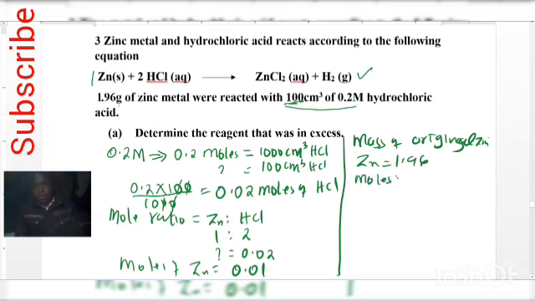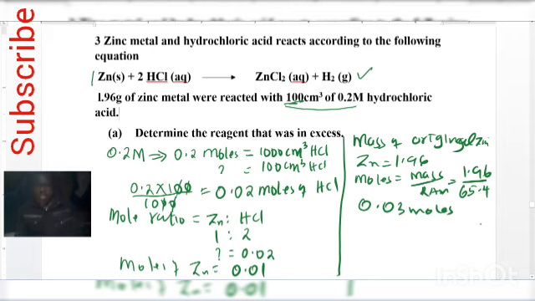Moles is equal to mass over RAM, and that one is 1.96. We divide by the RAM of zinc, which is 65.4. That is the RAM of zinc. When you divide, you realize that it is going to give us 0.03 moles.